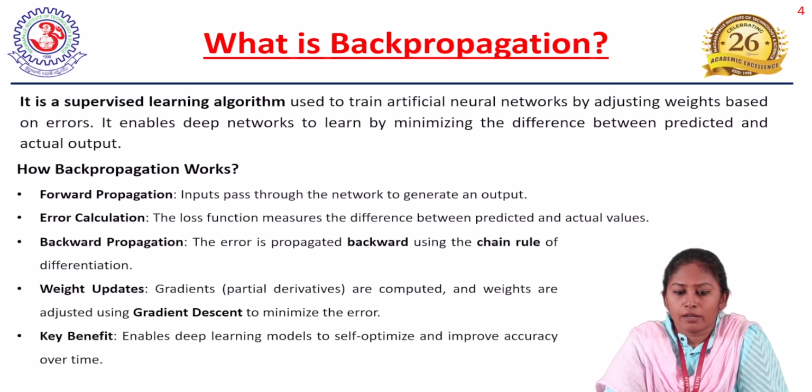If there is any error, we go with the backward propagation, that means backpropagation. With this method we update the weights, and these new weights again proceed with the forward pass. These are the main steps in backpropagation.